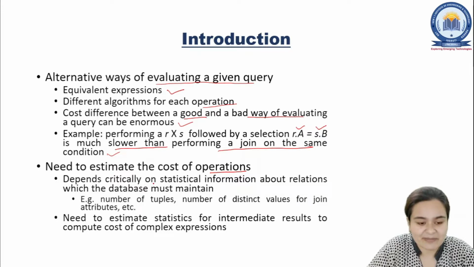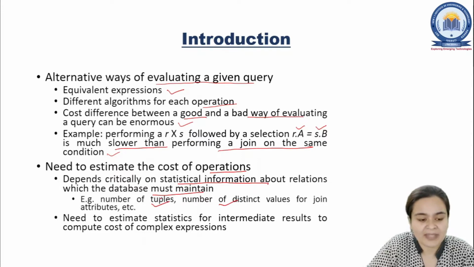It depends critically on statistical information about the relation, which the database must always maintain, for example the number of tuples and the number of distinct values of the join attributes. We also need to estimate the statistics of intermediate results to compute the cost of complex expressions.